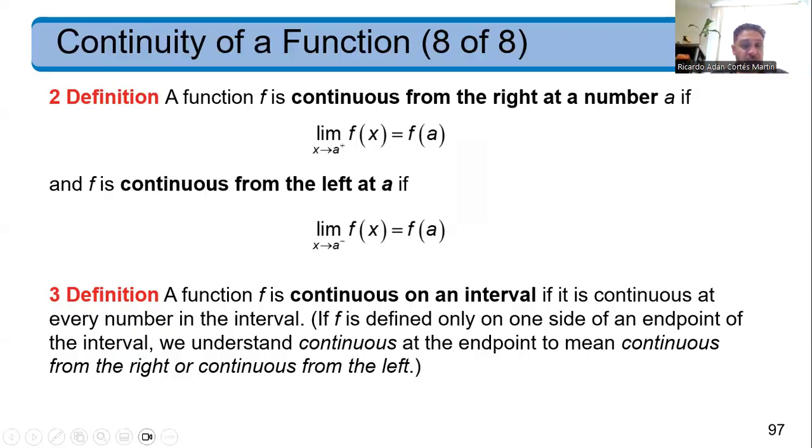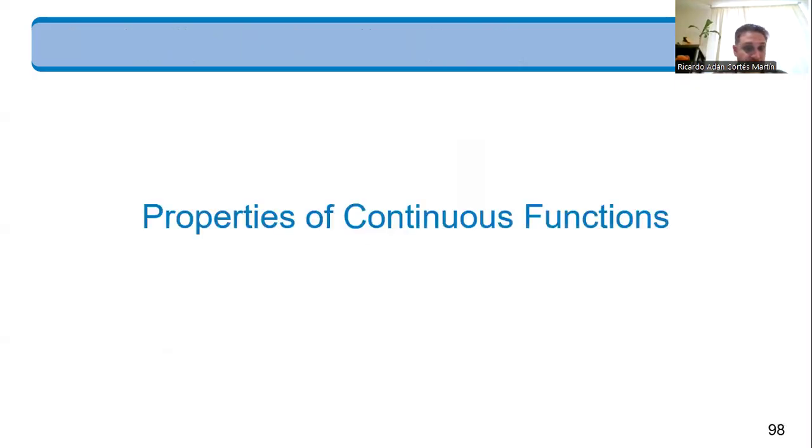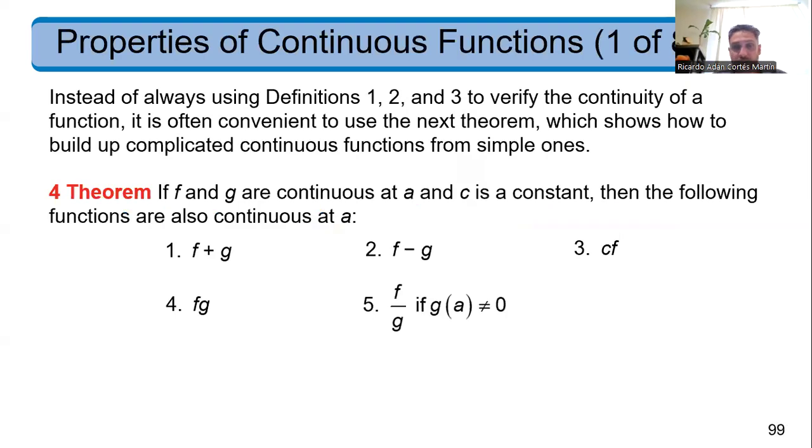And a function can be continuous in a given interval. What does it mean? That for every value on the interval, the function is continuous. Well, the properties of continuous functions are similar to the limits. When we add continuous functions, the result is a continuous function.